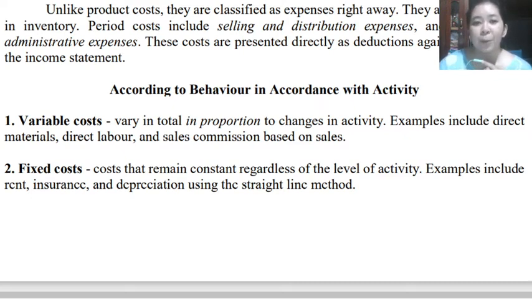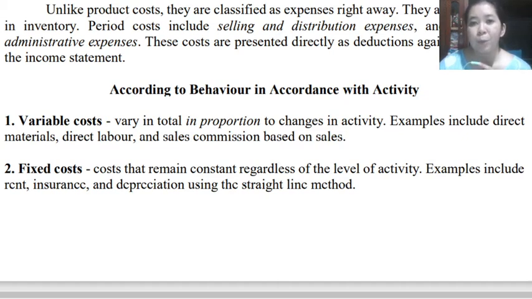Normally, variable costs vary in total in proportion to change in activity. So, for example, if your production is 10,000 units, your cost will be equal to the 10,000 units that was produced.